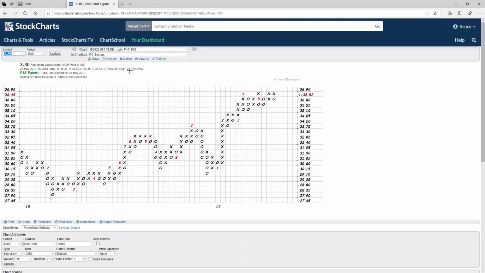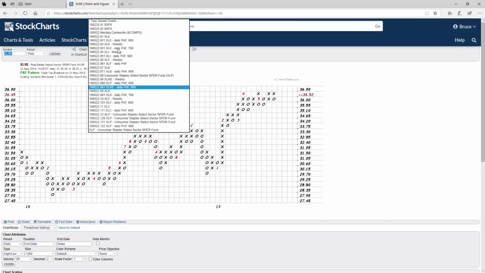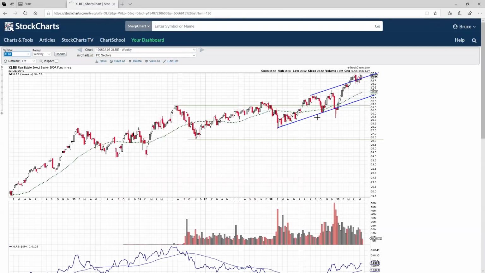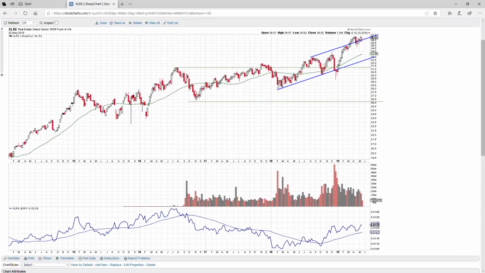Okay, now we're getting into real estate. This is another really interesting place that we want to see, this chart right here. Okay, so here is a terrific chart. Look at the relative underperformance of real estate going back to mid-2016.